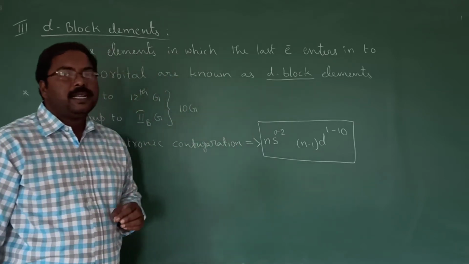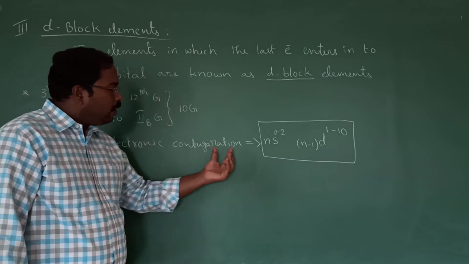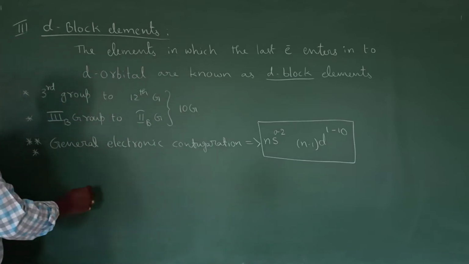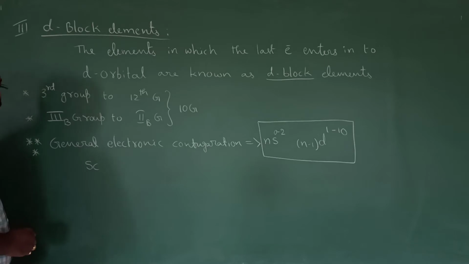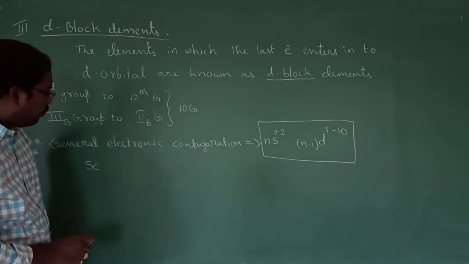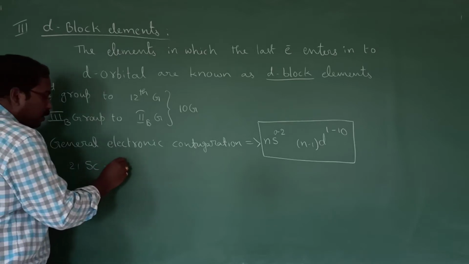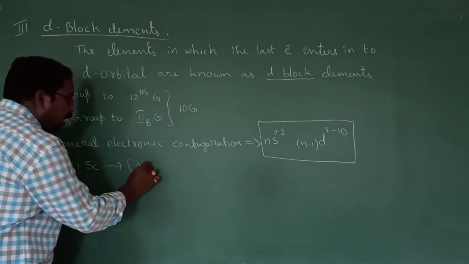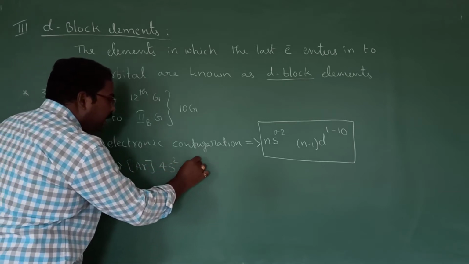To understand that, let us look at the electronic configuration of one of the d block elements. That is, let us write the electronic configuration of scandium. We all know scandium has atomic number 21. If you observe the electronic configuration of scandium, it is argon 4s2 3d1.